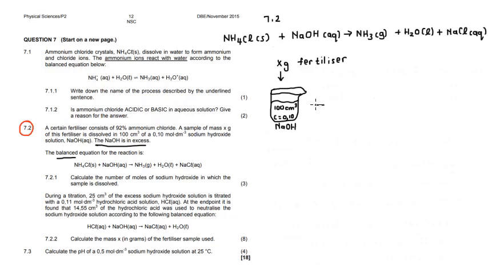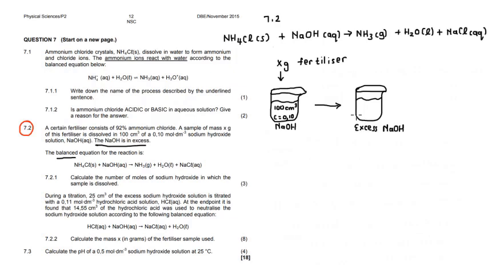After that, the reaction occurs, and then in this beaker we end up being left with the excess sodium hydroxide. Basically in here you have a certain number of moles of sodium hydroxide that are in excess.